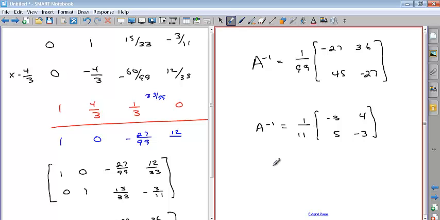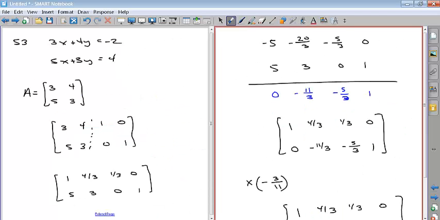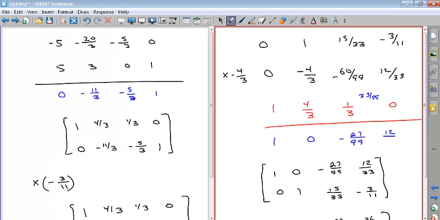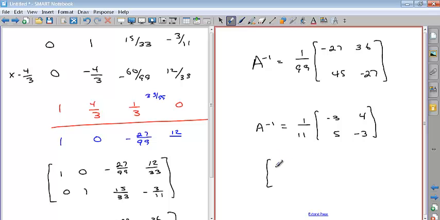What I do for the solution is I take the original right-hand side of the equation, negative 2 and 4, and I multiply that by the inverse matrix, which is going to be 1 11th times negative 3, 4, 5, negative 3.